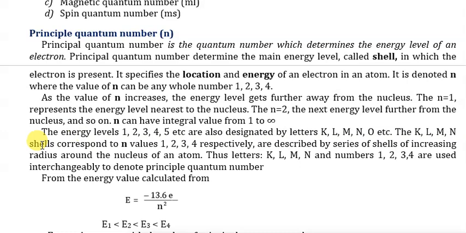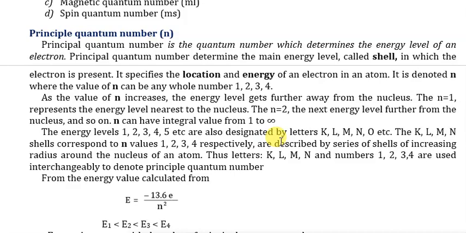So the letters K, L, M, N can stand for the values 1, 2, 3, 4 respectively. K means n is equal to 1, L means n is equal to 2, M means n is equal to 3, and capital N means the principal quantum number is equal to 4.